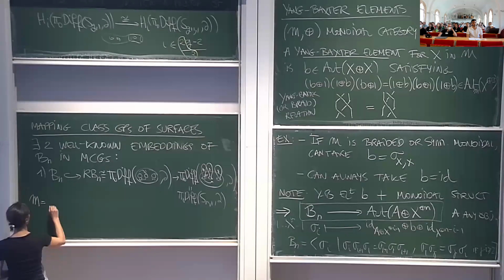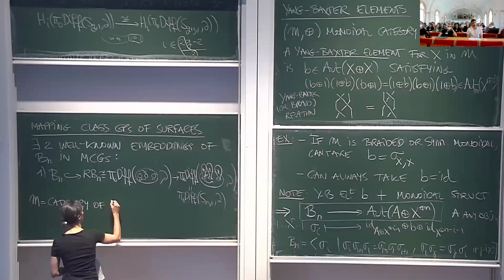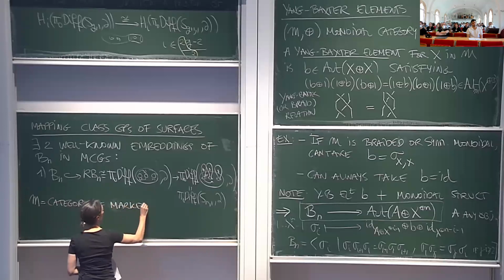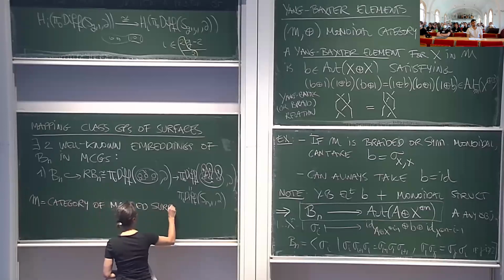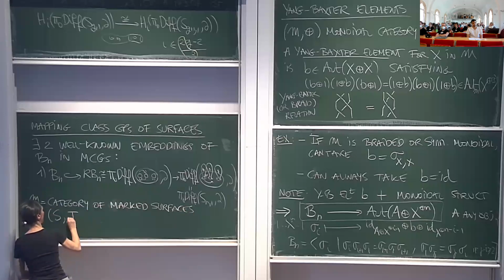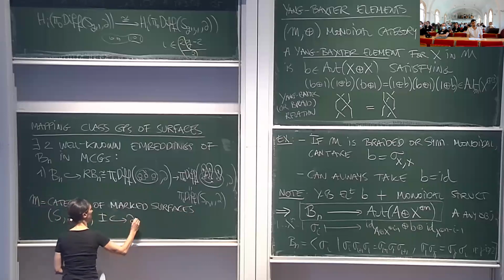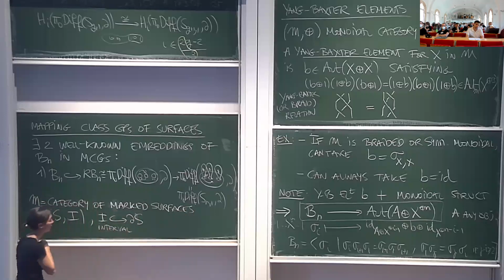M is the category of, it's called the marked surfaces. So these are surfaces S with I, where I is an interval included in the boundary. It's a marked interval in the boundary of S. Okay, so that's my category.